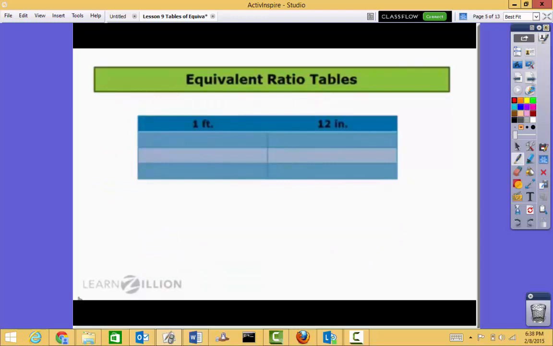Let's work on another example that uses units of feet and inches. Let's first understand our ratio. We know that for every 1 foot, there are 12 inches, which can be represented as 1 to 12, or as 1 over 12. Now let's use this understanding to complete this table. If I have 2 feet, I'm going to have 24 inches.